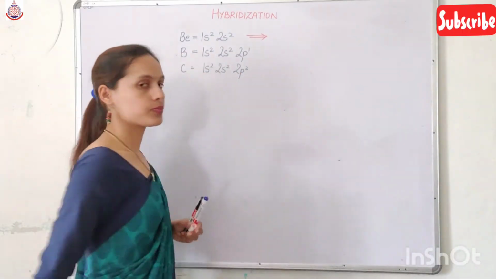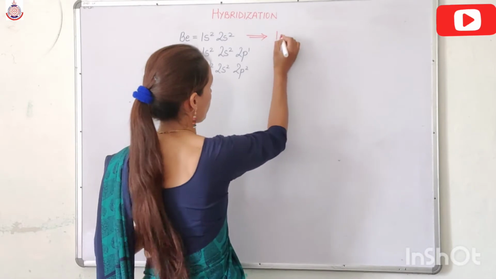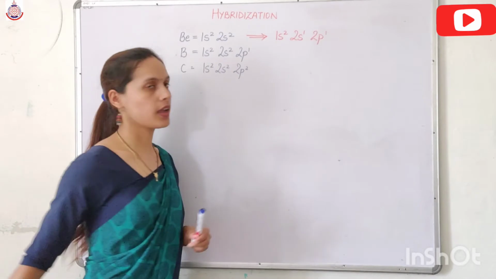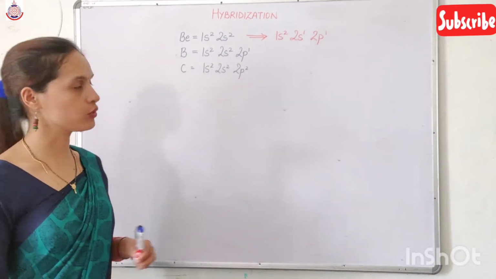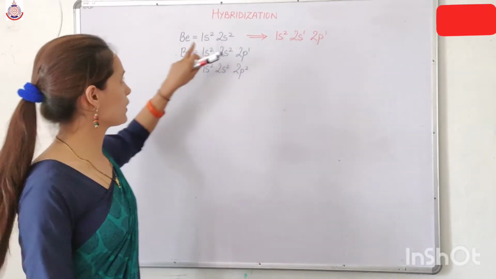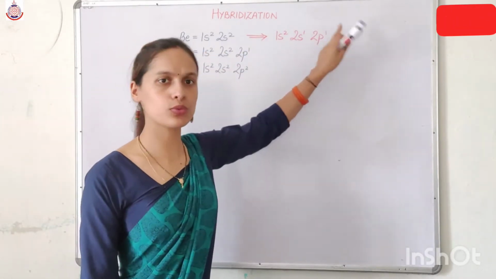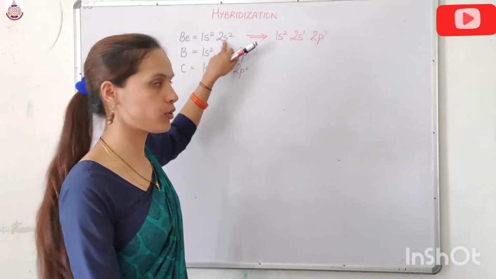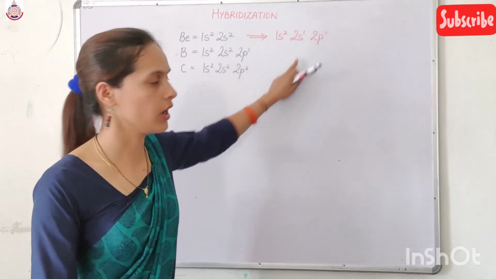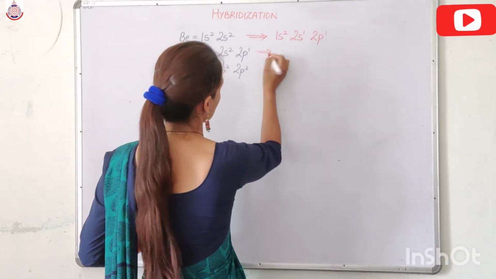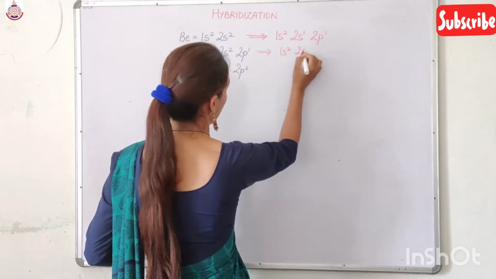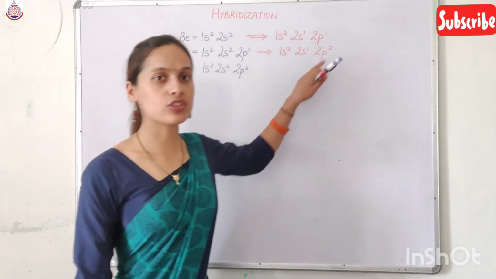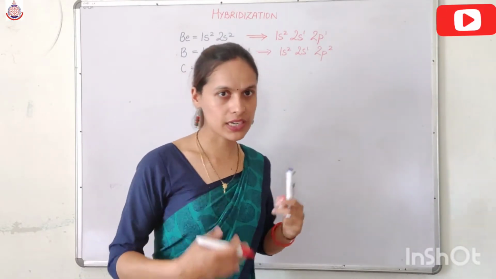Suppose I move one of the electrons from 2s to 2p. The configuration of beryllium becomes 1s2, 2s1, 2p1. This is also correct, because here we have 4 electrons, and here also we have only 4 electrons. Similarly, if I move one of the electrons of s to p in boron, then I get 3 such orbitals having half-filled electrons.